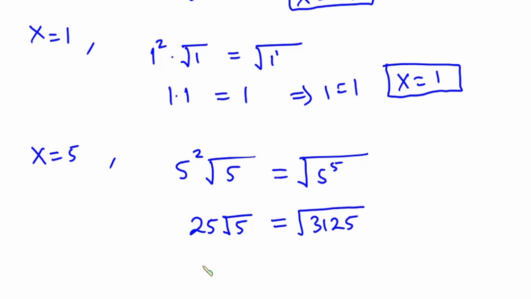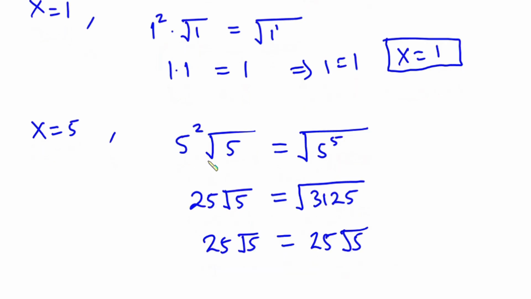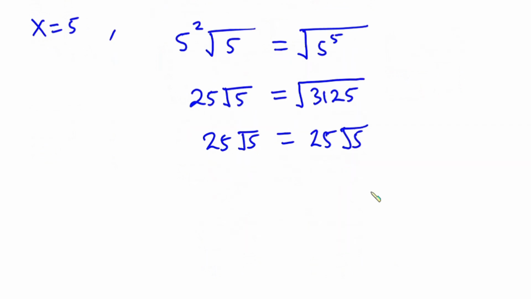Then we have square root over here. Then we still have 25 root 5 at the left hand side, and this should be equal to square root of 3125 is the same as 25 root 5. Okay, so we can see that the left hand side is equal to the right hand side. So in all, we can conclude that x is equal to -1, 1, and then 5.